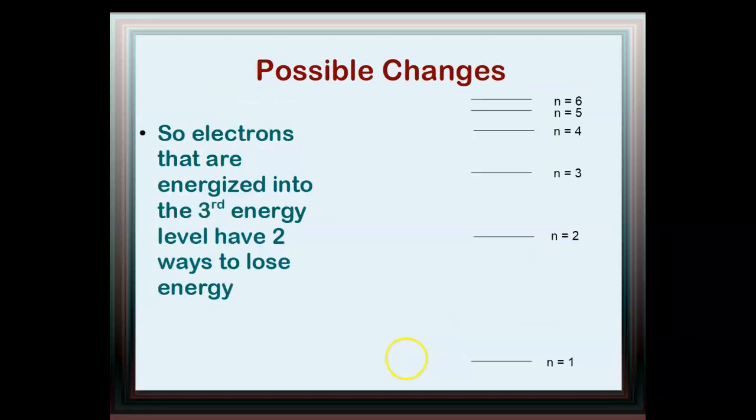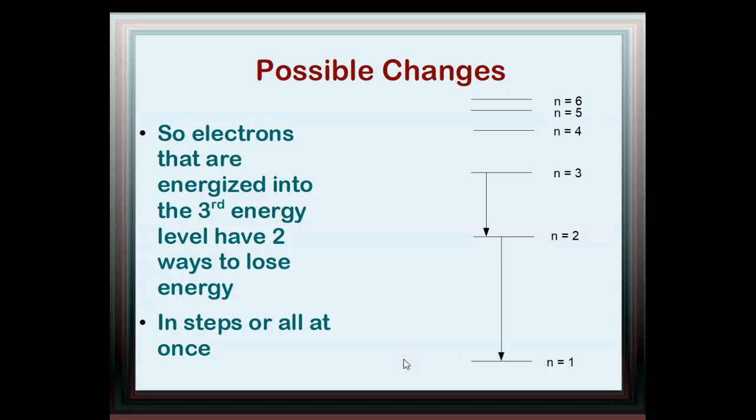So electrons that are energized into the third energy level have two ways to lose energy. They can lose it in 2 steps, or they can lose it all at once. So there we're seeing it move from 3 to 2 and then from 2 to 1, or a much shorter wavelength and higher energy would be the fall from 3 to 1.